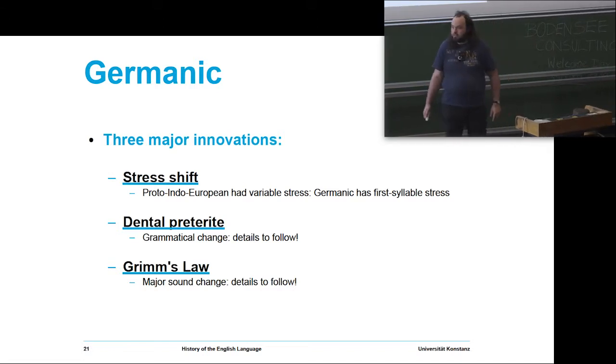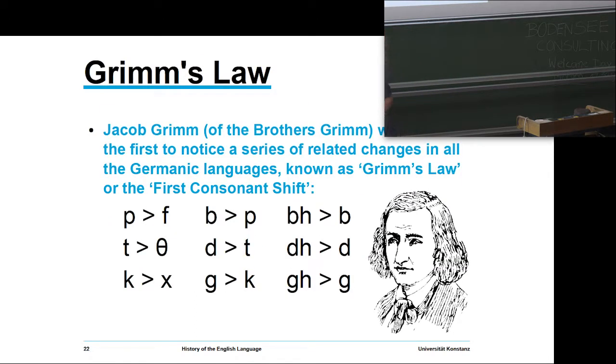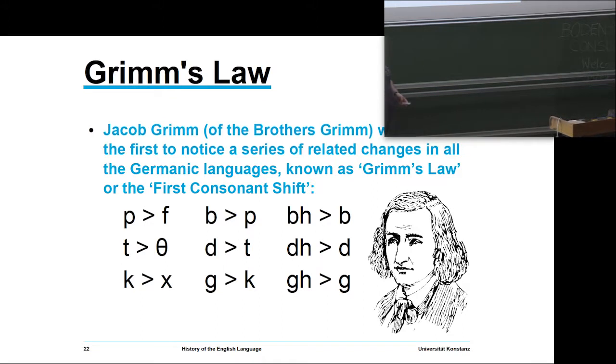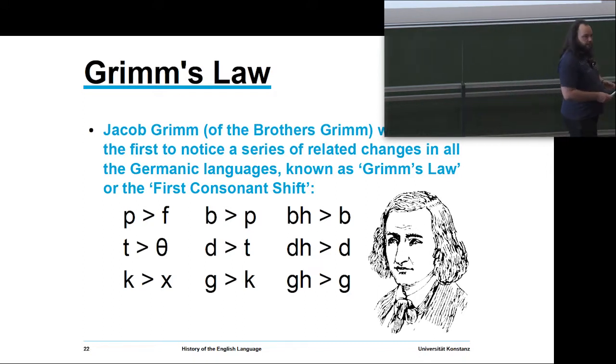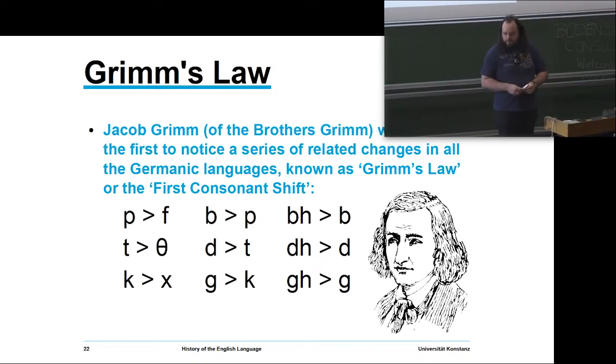And I'm going to talk about those two things because they're both good examples of other things that are relevant to the course. And in fact, I'm going to talk about them in the opposite order. So we'll start with Grimm's law. Here is Grimm himself, looking earnest. And what Grimm found was that there were sound changes that happened in all of the Germanic languages.